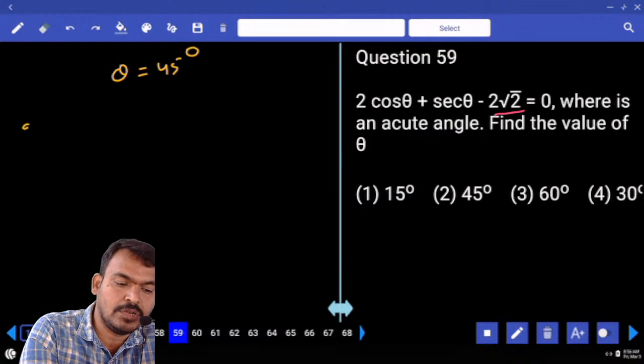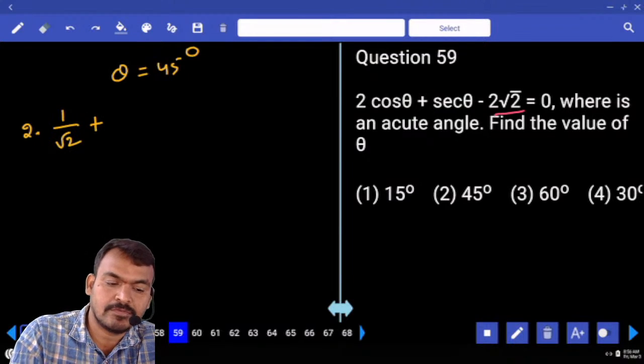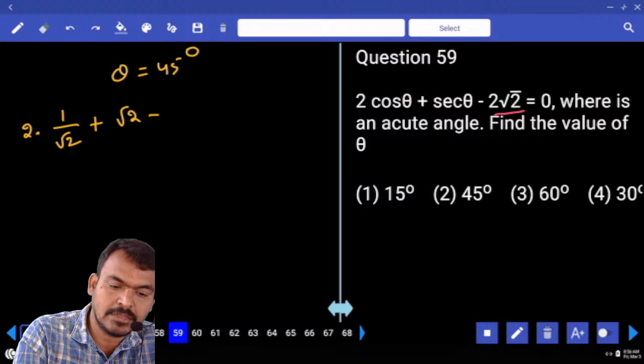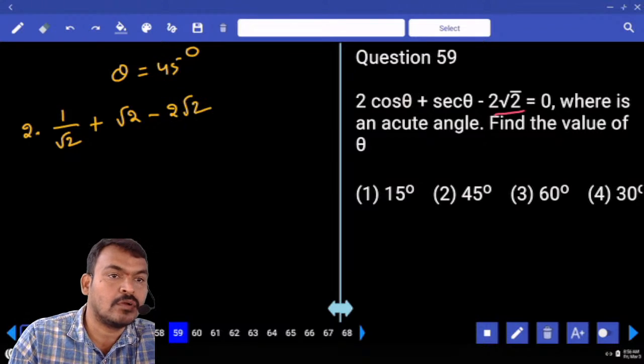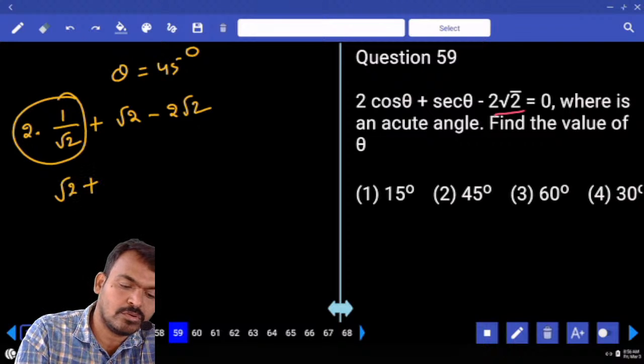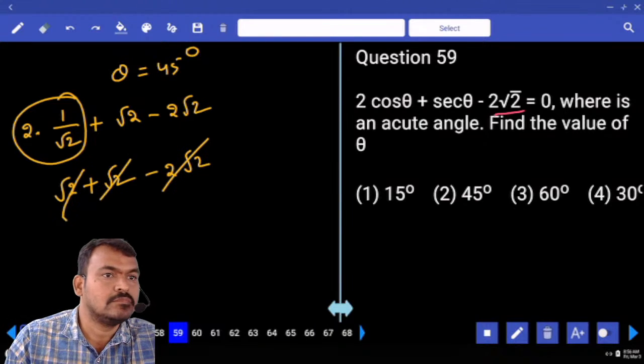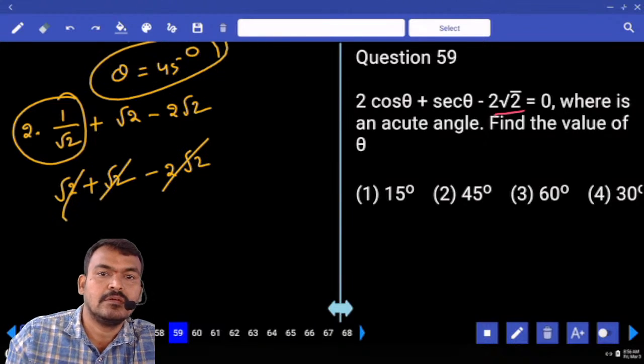First, 2 into cos 45, which is 1 by root 2, plus secant 45, root 2, minus 2 root 2. 2 into 1 by root 2 means it is root 2. Root 2 plus root 2 is 2 root 2, minus 2 root 2, cancels. Means theta must be how many degrees? 45.